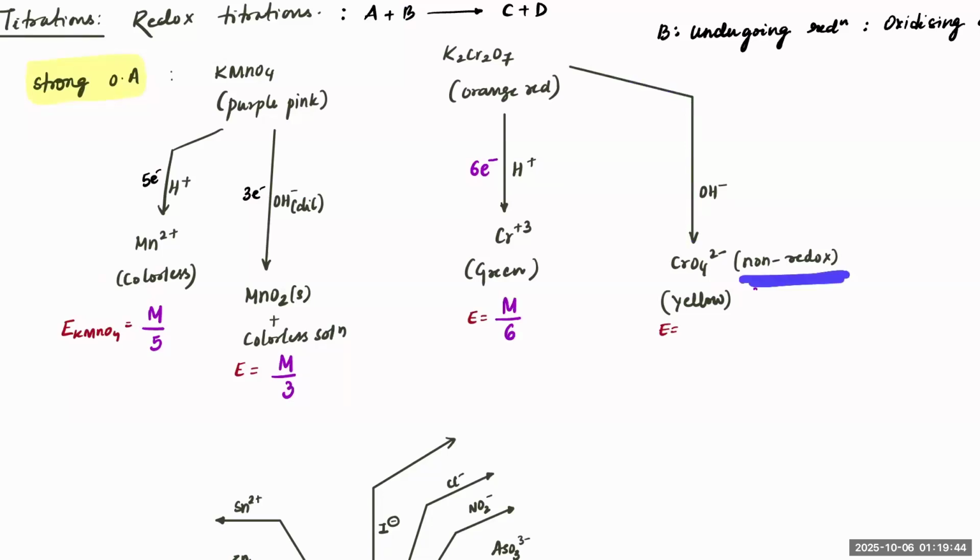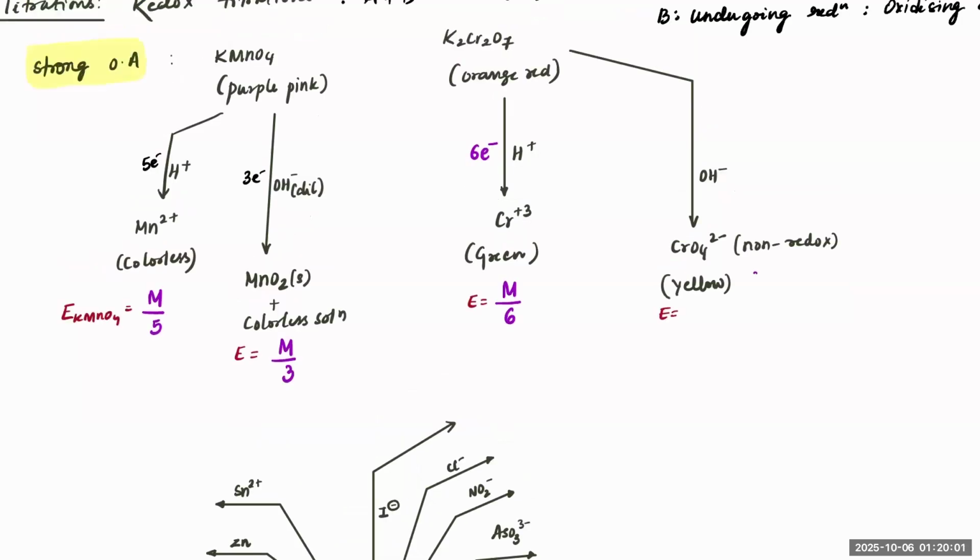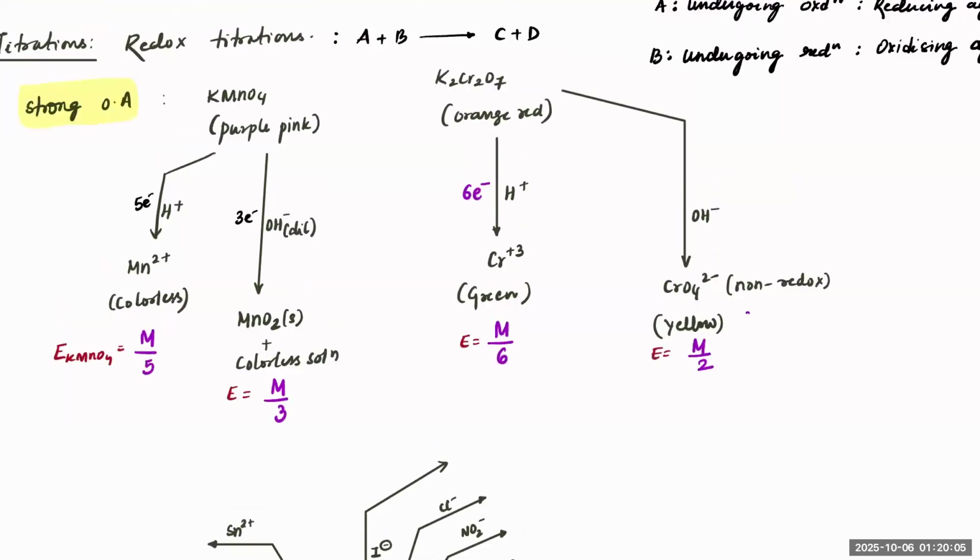So you can see it converts from orange-red into yellow, but it is a non-redox reaction. There is no redox reaction happening here. So the equivalent weight in this case will simply be M by 2. Why? Since it is a non-redox reaction, you only consider it as a salt.